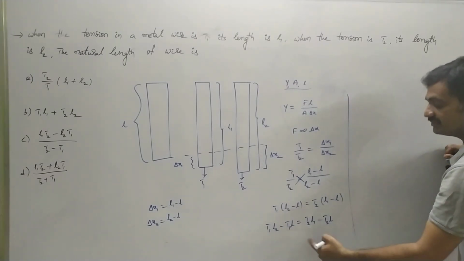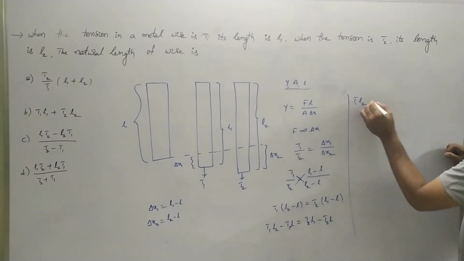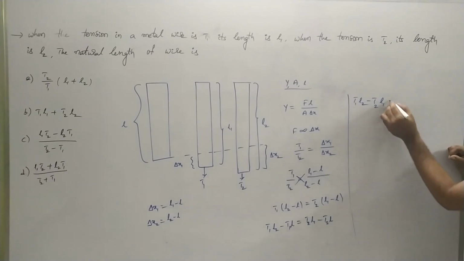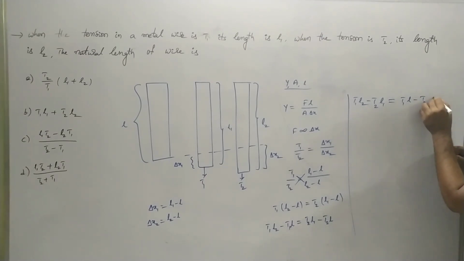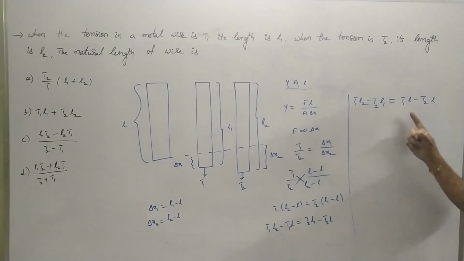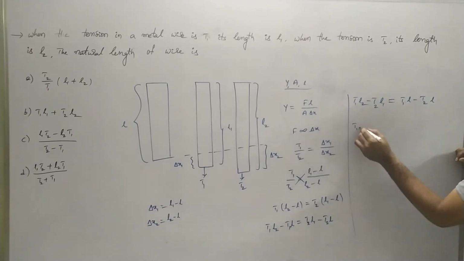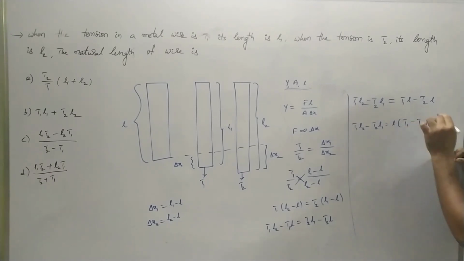Then the expression can be represented as T1 L2 minus T2 L1 equals T1 L minus T2 L. Observe that here we can take L as common from these two. Then the expression can be represented as T1 L2 minus T2 L1 is equal to L into T1 minus T2.